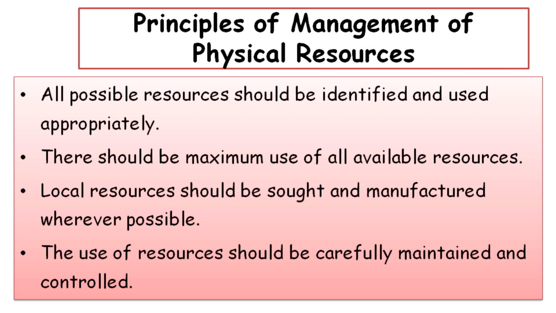Then comes the point that the use of resources should be carefully maintained and controlled. Otherwise, there would be no supervision of the utilization of resources, so controlling and maintenance of the available resources is an important principle.